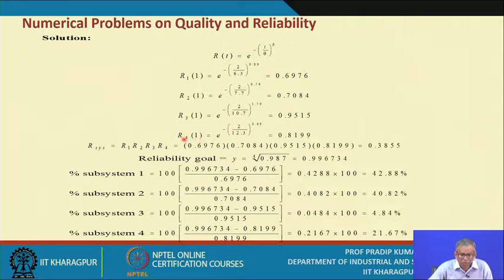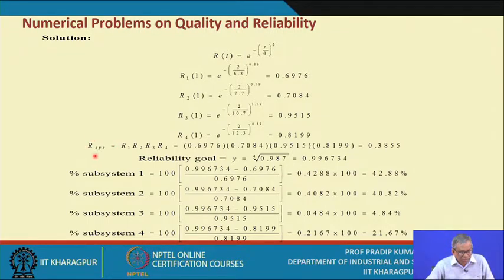Similarly, you compute the fourth subsystem's reliability with beta 0.89 and alpha or theta 12.3, that is 0.8199.